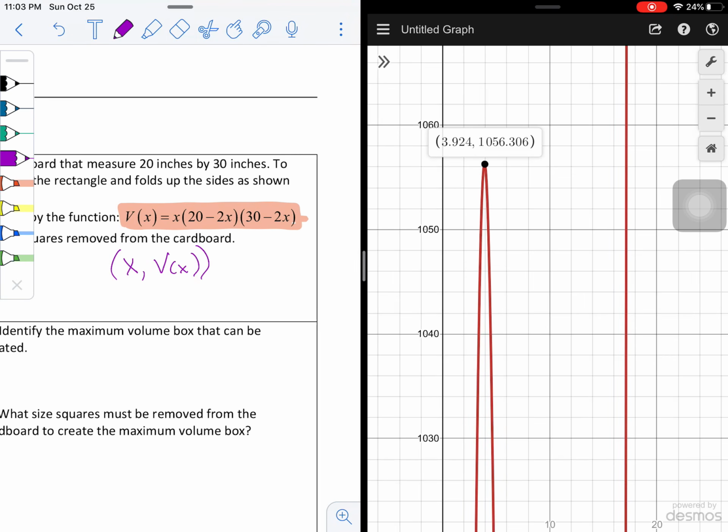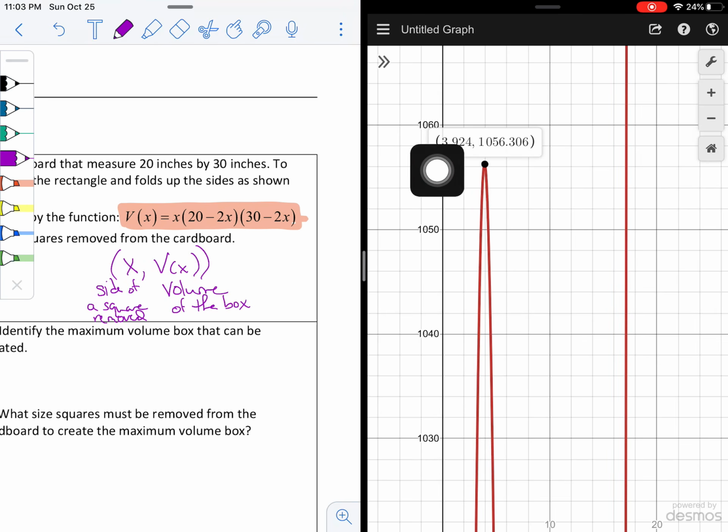So x is going to represent the side of a square removed, okay? So those are little squares that we're removing, and v of x represents the actual, I don't know why I just spelled volume with an A. Let's try that again. Volume of the box, okay?